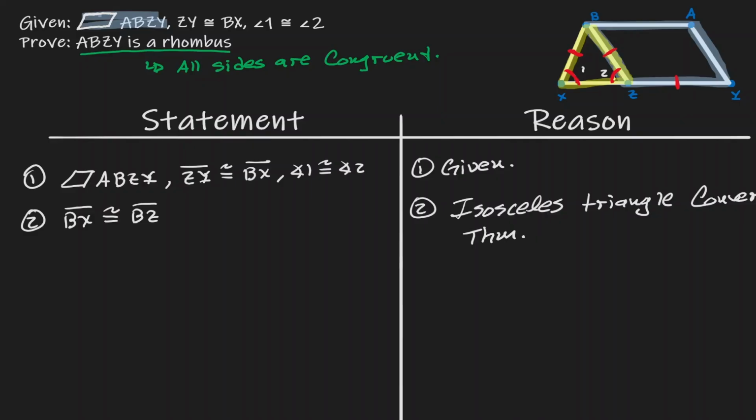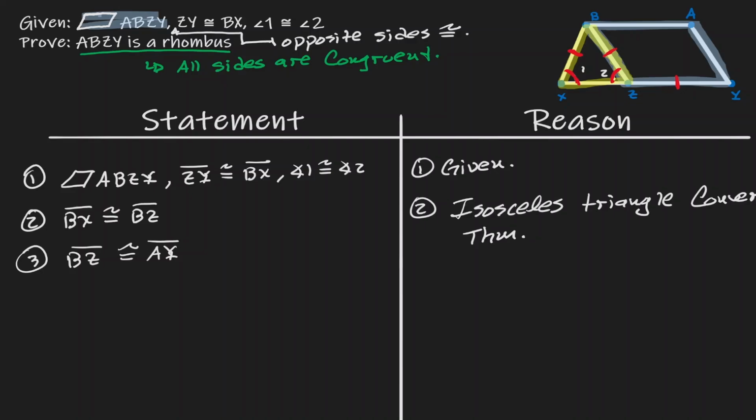Now let's think about this for a second. Do not forget that ABZY is a parallelogram. And one of the properties about parallelograms is that opposite sides are congruent to each other. And if that is the case, then we can make the following claims. BZ is congruent to AY.